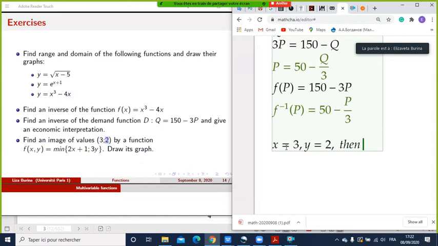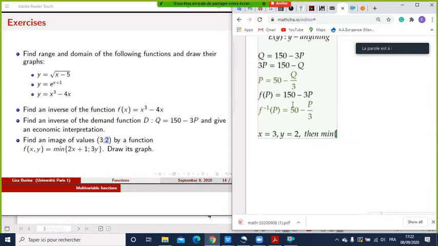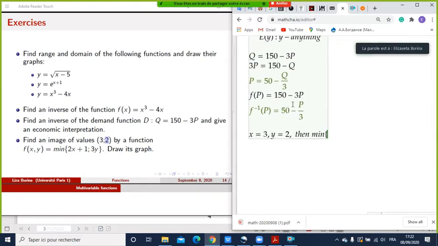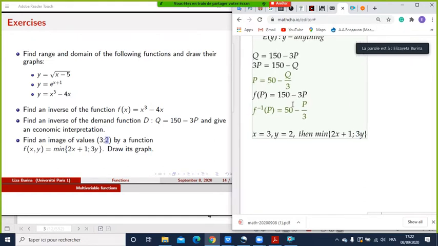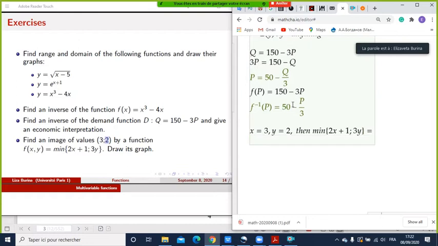Then the minimum of 2x plus 1 and 3y will be equal to the minimum of 2 values. So now I have to just substitute x by 3 and y by 2.